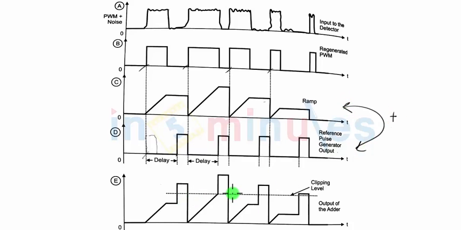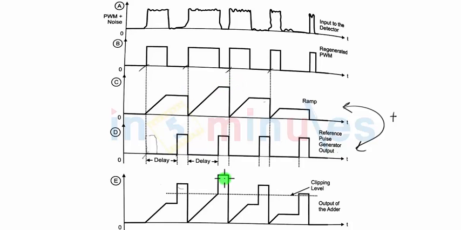And once we are done with this, if you observe, in the first case, the amplitude of the entire output of the adder is not very large compared to the second case. In the second case, it is very large because in the second cycle, the ramp signal remains for a longer amount of time, and hence the constant output of the signal was large compared to the previous case.